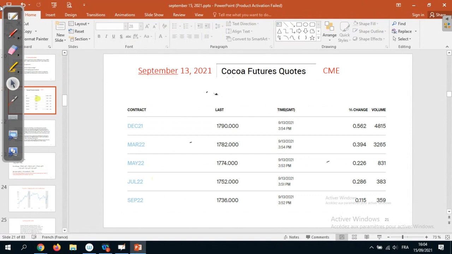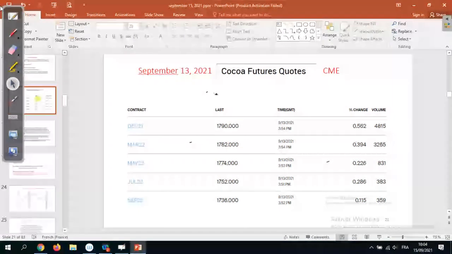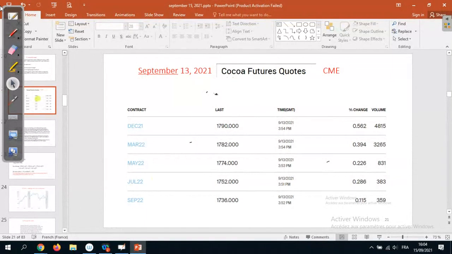If you look at the quotation of cocoa, if you are well educated, and you are well educated, you say, oh, the cocoa curve is in backwardation. That is inverted. Normally, you say, oh, the cocoa July is equal to the cocoa December plus cost of carry.